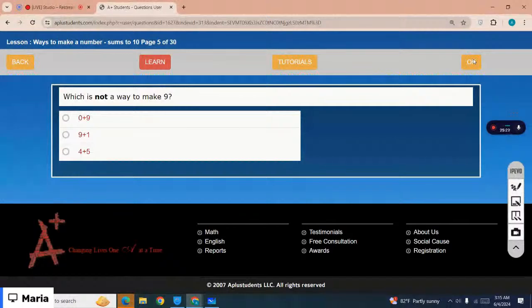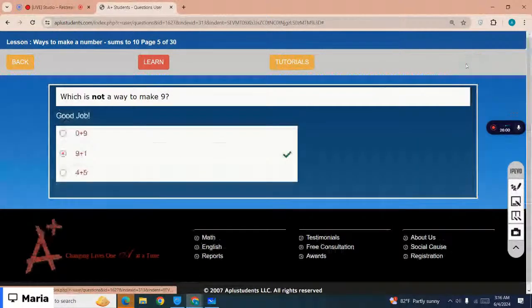Which is not a way to make 9? Which is the correct option? Yes, the second one, 9 plus 1.